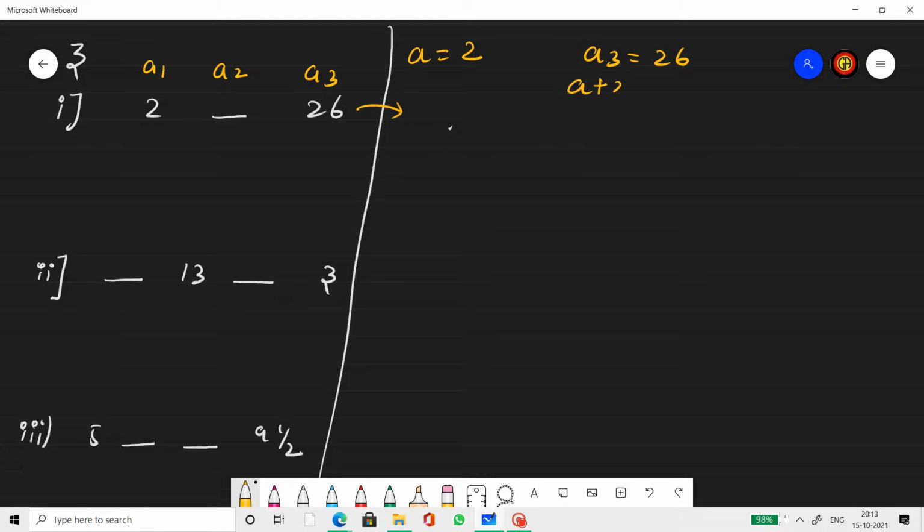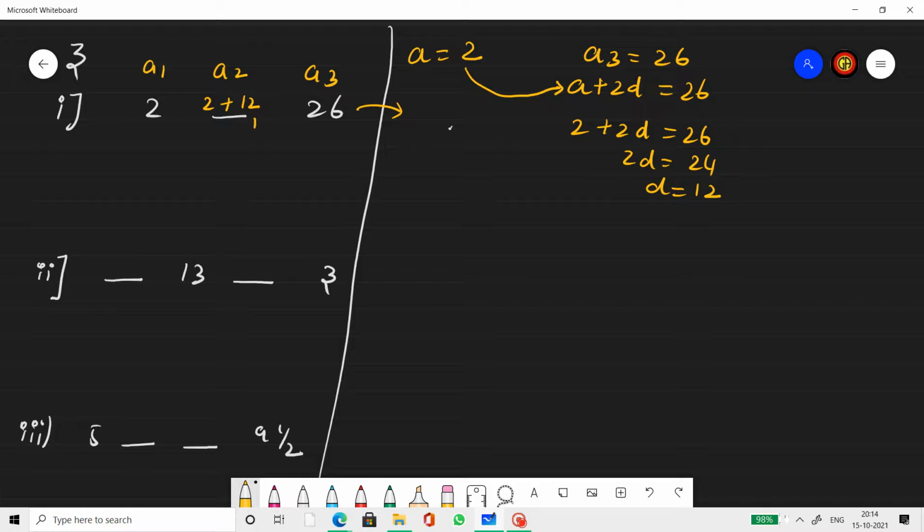A3 meaning A plus 2D equals 26, because A plus 3 minus 1 into D. We know the value of A, so 2 plus 2D equals 26. 2D equals 26 minus 2, that's 24. So D equals 12, the common difference is 12. The second term will be first term plus common difference, so 2 plus 12, that means this value is 14.